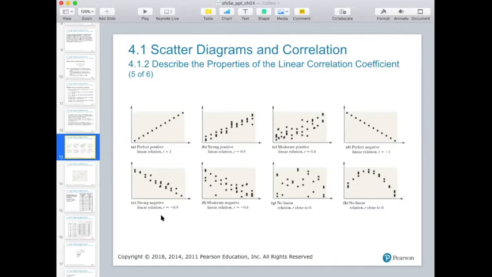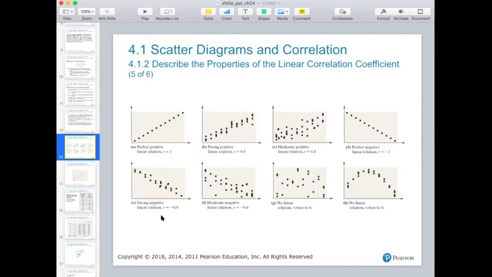F is kind of like C, but it's the negative version. And then when we get to G, there's not a linear relationship here. That correlation coefficient would be extremely close to 0. We couldn't make a good prediction for that graph. It's too scattered. There's not a good linear relationship. No correlation on that one. For H, there's a pattern.